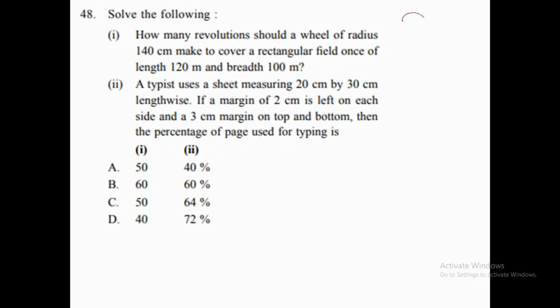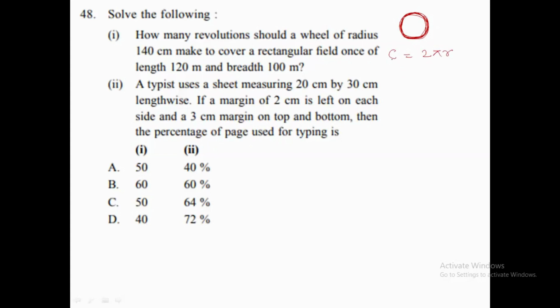So if it has to take revolutions, it will move like this only. For this, we will have to find the circumference of the wheel first. The circumference of the wheel is equal to 2 pi r. The formula for the circumference of a circle is 2 pi r only, so we will apply it over here.